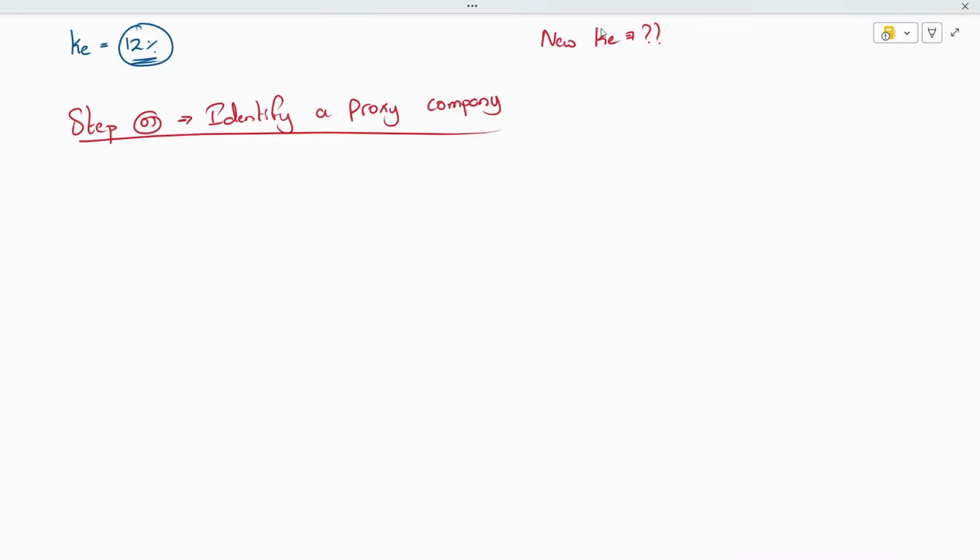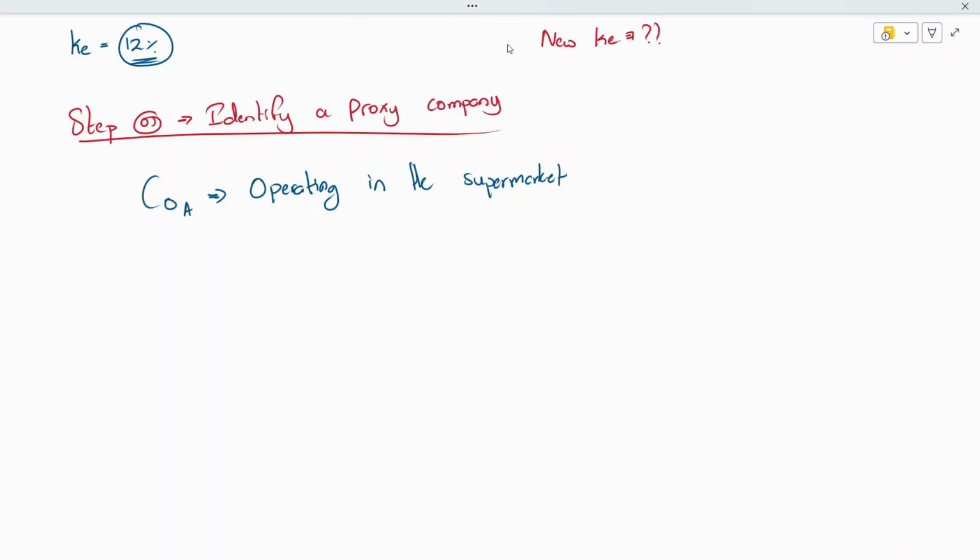So let's assume we identify a proxy company, company A. Company A is already operating in the supermarket industry. They are running a chain of supermarkets. They have been in the supermarket industry for a period of time, and their business operations are similar to what we are going to do.